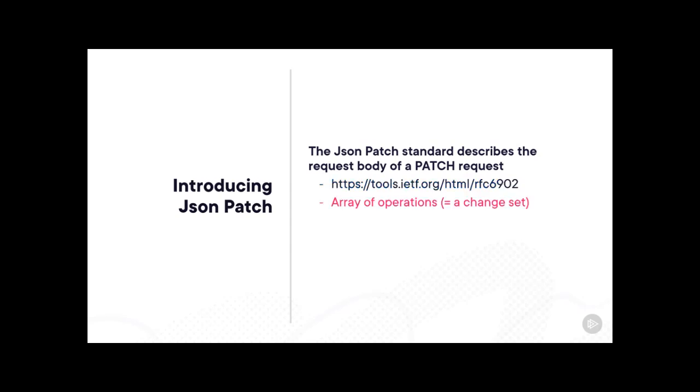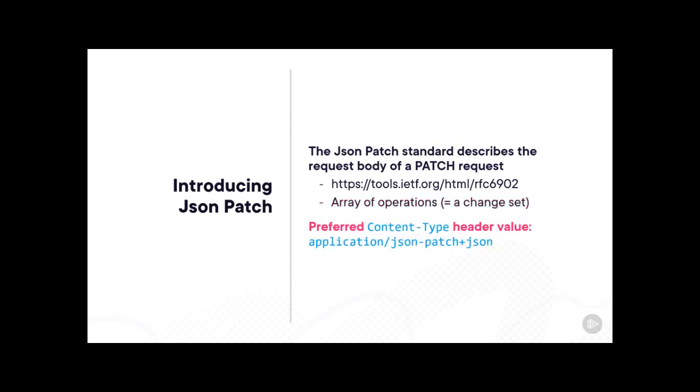You can look at that structure as a change set, a set of operations that will be applied to the resource that a patch request with that JSON patch document in the body is sent to. This is fully supported by ASP.NET Core, both at API level and at client level.